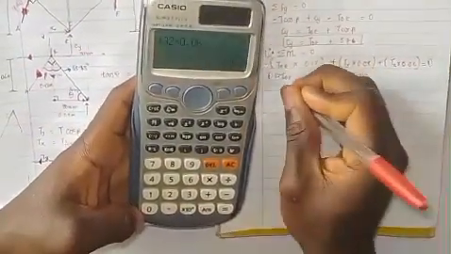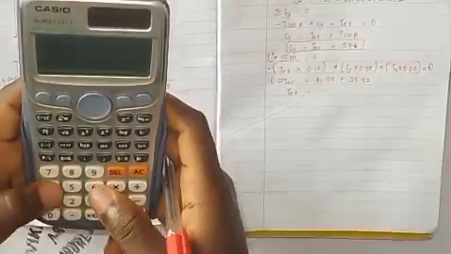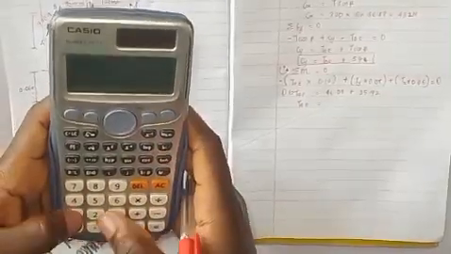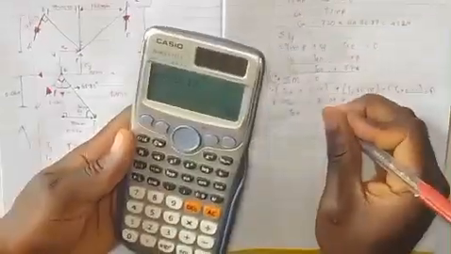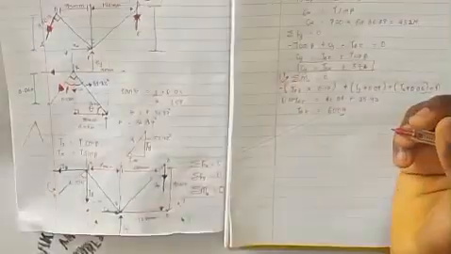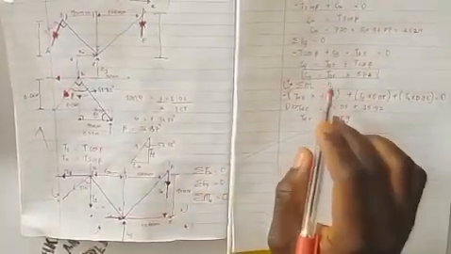So that means our TDE will be equals to 25.92 plus 46.08, that's 72, divided by 0.12. So that means our TDE is what? 600 Newton. So that means the tension at DE is what? 600 Newton.